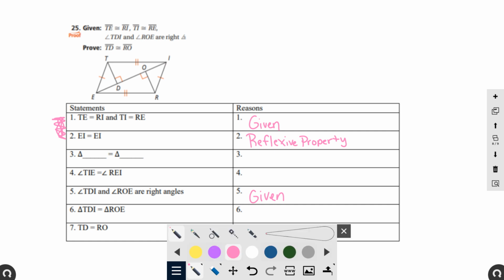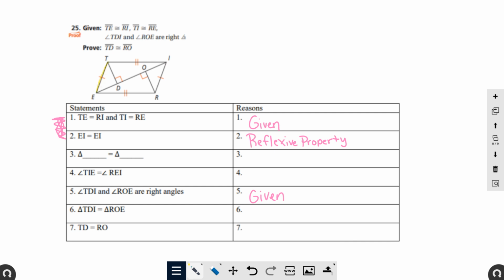Are these overlapping triangles or are these just ones that are there? So if I were to kind of trace out these letters, T, E, R, I, TIRE. I'm basically looking at that big picture, right? Just looking at that first statement. And then EI is that line in the middle. So is it talking about this extra D and O that's in there?